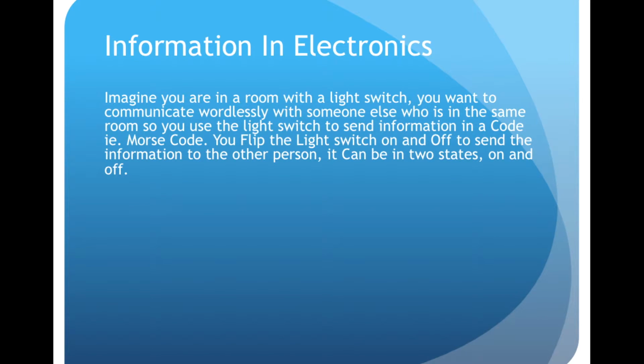This will allow you to send information in some form, say Morse code or ASCII, but Morse code's a lot simpler for someone to understand. This is basically the most basic way that you can send information through electronics, because if you think about it, you have two different states that the light switch can be in, and you're sending that information to the other person one certain amount of time at a time.